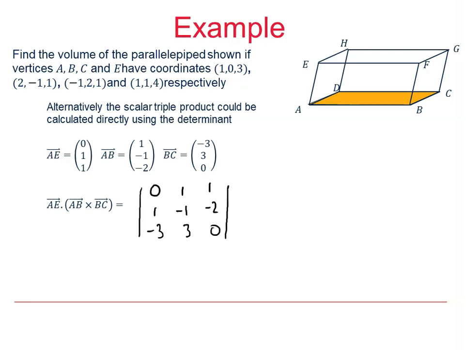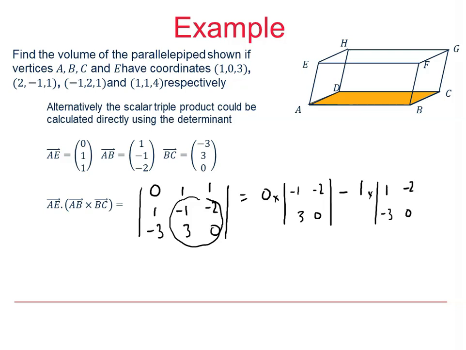This is a 3 by 3 determinant that we need to find, and to get that we take 0 multiplied by the little 2 by 2 determinant, negative 1, negative 2, 3, 0, and then minus 1 multiplied by the determinant from the first and the third column, so that's 1, negative 2, negative 3, and 0, and finally 1 multiplied by the determinant from the first two columns, 1, negative 1, negative 3, and 3.